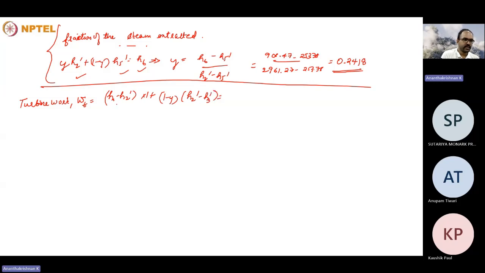So just substitute the values of h1, h2 dash, h3 dash, and y, we will get the value of 677.653 kilojoule per kg.